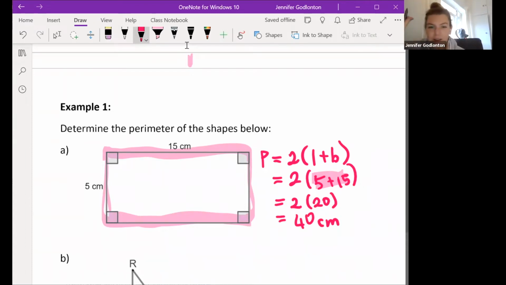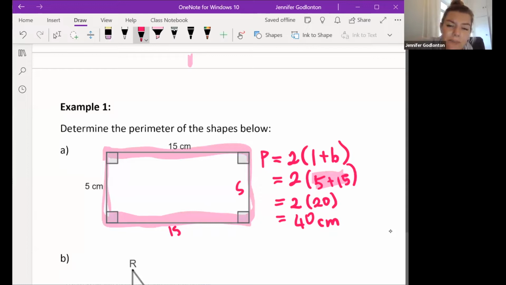So now sometimes learning the formulas for your different shapes for perimeters can help. I have absolutely no worries if you're using 2 times length plus breadth, 100% fine. For me personally, I just find it easier to remember perimeter as adding up all of my sides. So I would just look at this and think, okay, that's 5 over there and that's 15 over there.